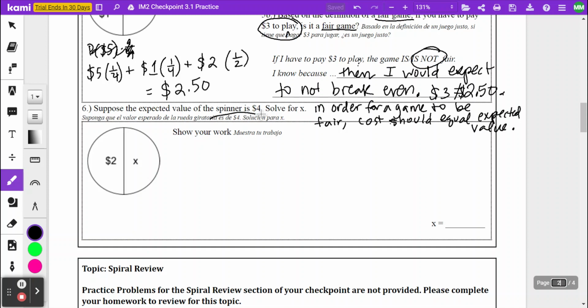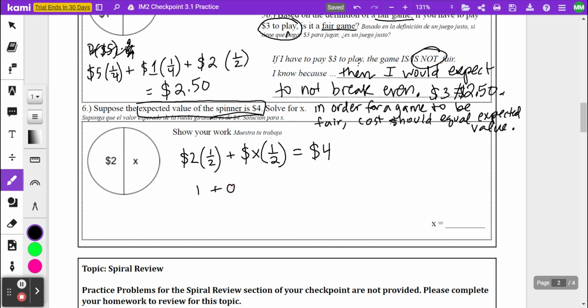Solve for x. So this time I start knowing what my equation is going to equal. So I have $2, and that'll happen about half the time, plus X dollars, and that will also happen about half the time. And I know that this is going to equal $4 because I told you the expected value is $4. So this becomes 1 plus 0.5x equals 4.